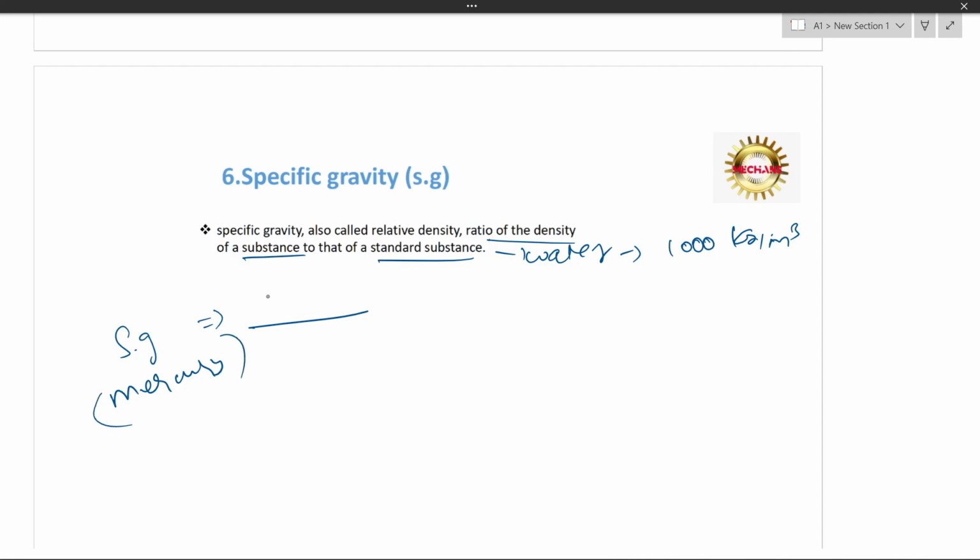Mercury's density is 13,600 kilogram per meter cube, and to that standard substance, that is 1000 kilogram per meter cube. So specific gravity would be 13.6. It has no units.